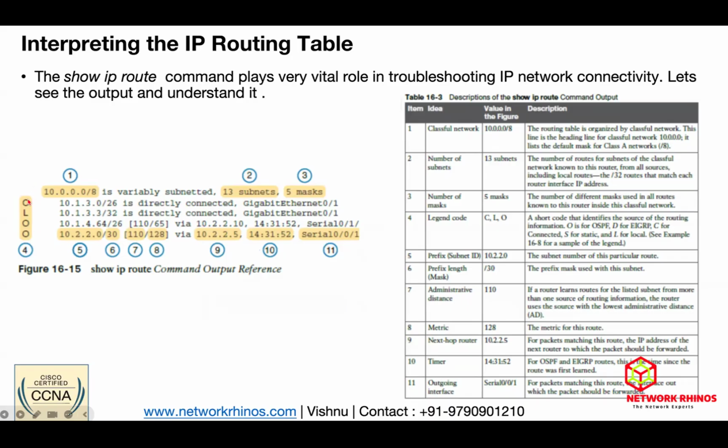And this is like a mnemonic code. C means connected, L means local, O means OSPF. Above this, you have a lot of alphabets that will tell you how I have learned that IP address. I want you guys to read this full form also on the right hand side.